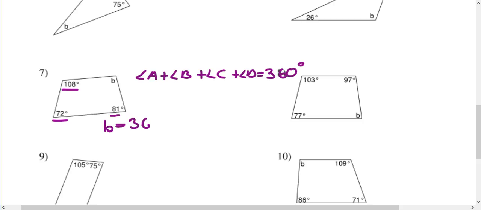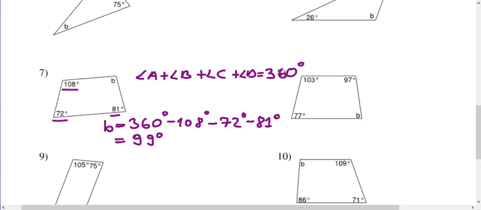So 360 minus 108 minus 72 minus 81. And I will put that in my calculator. There we go. Turns out to be 99.